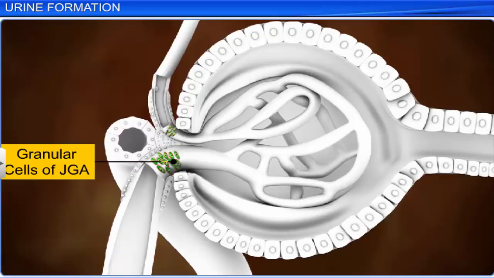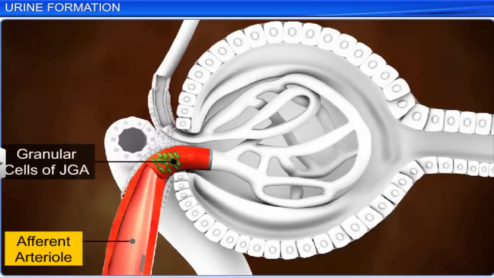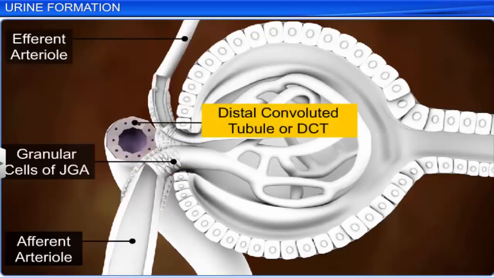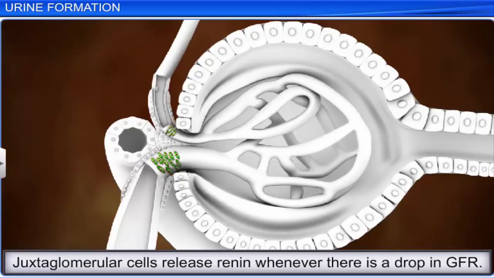The JGA is formed by cellular modifications between the afferent and to some extent the efferent arteriole and the distal convoluted tubule or DCT of the same nephron at their point of contact. The juxtaglomerular cells release renin whenever there is a drop in the GFR, which stimulates glomerular blood flow and normalizes the GFR.